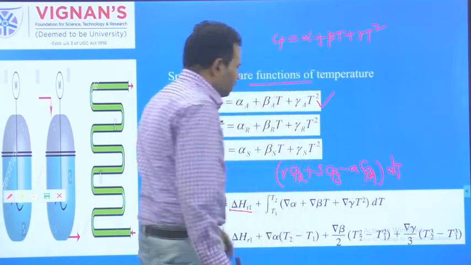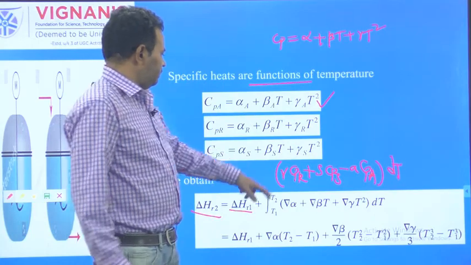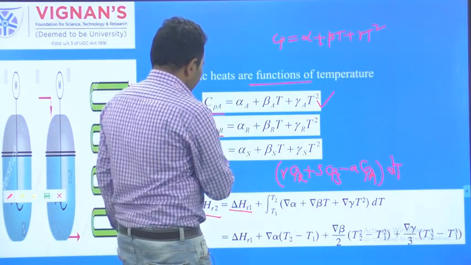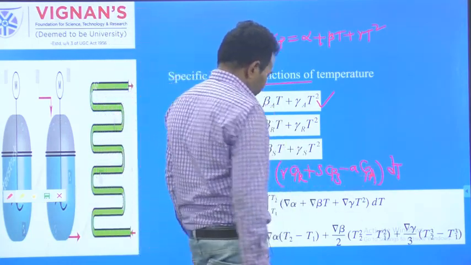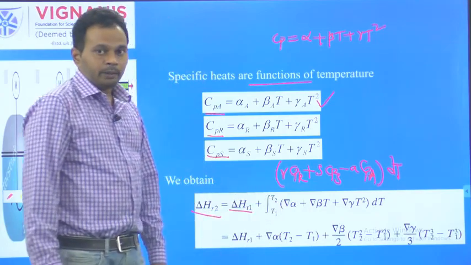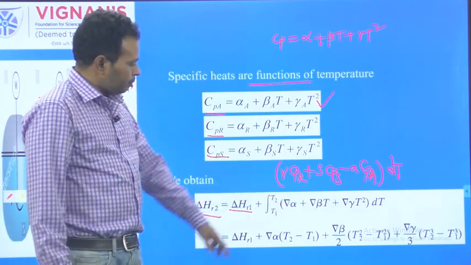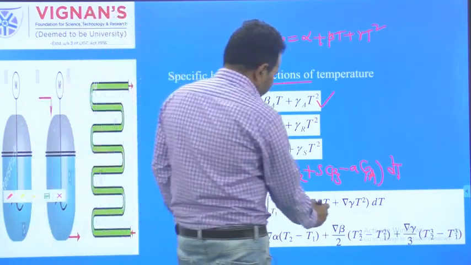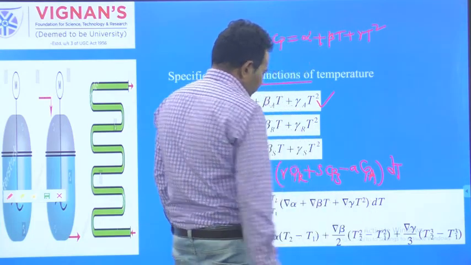So when you substitute all these quantities Cpa, Cpr, Cps into this equation and expand it, when you do the integration, you are going to obtain this as del alpha plus del beta T plus del gamma T square.